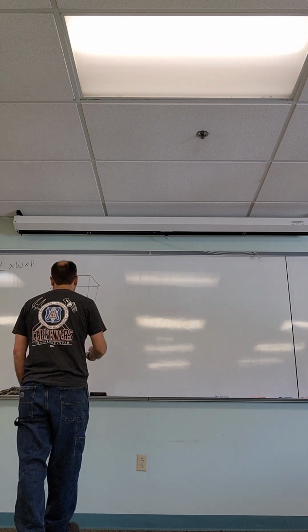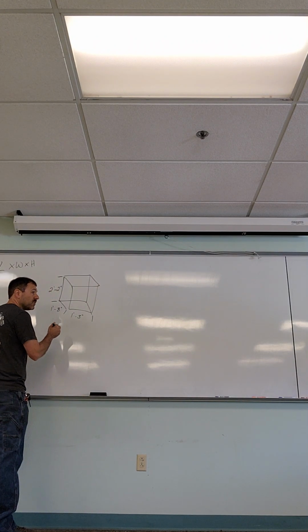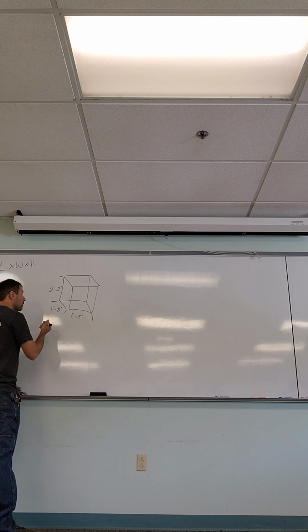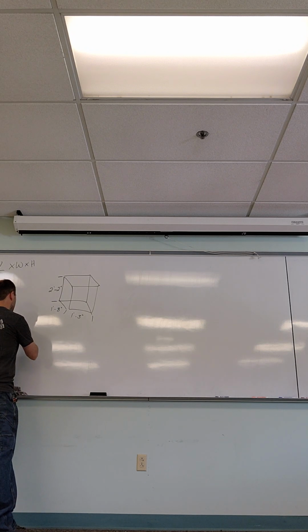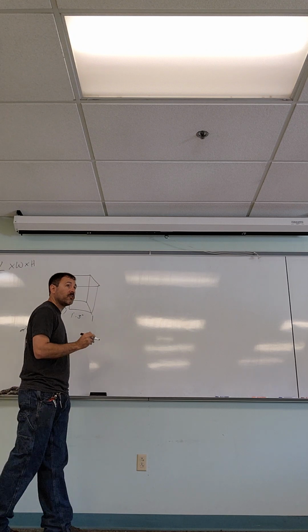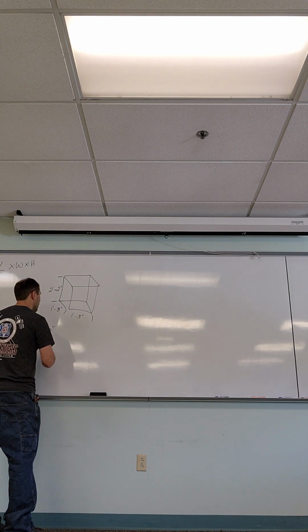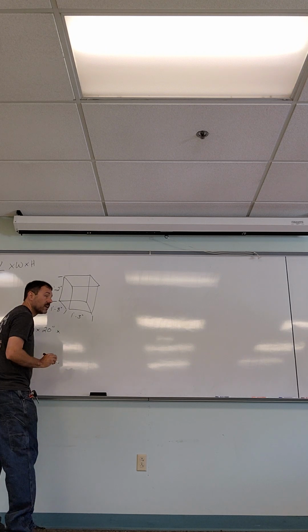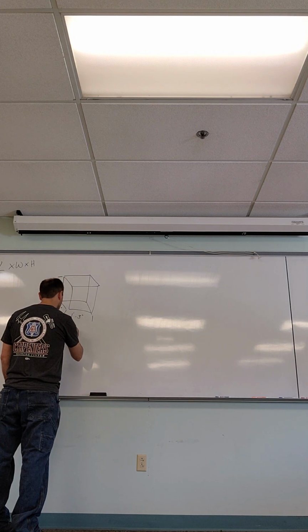So by starting out, 2 feet 2 inches is how many inches total? 12 inches in a foot, 12 times 2 is 24, 24 plus 2, 26, correct? So you've got 26 inches times 1 foot 8, so 1 foot is 12 inches plus 8 is going to give you 20. And then 1 foot 3, 12 inches plus 3 is going to give you 15.